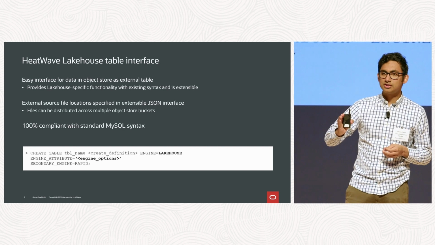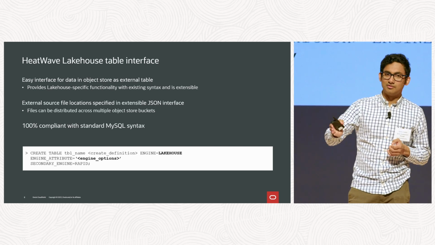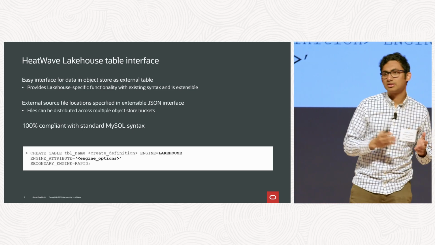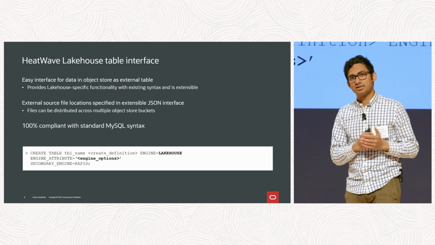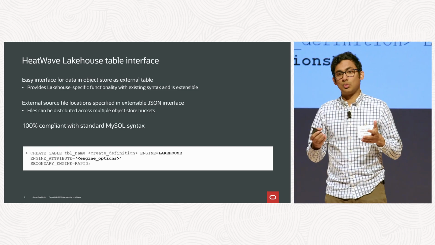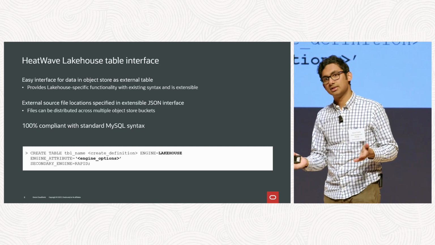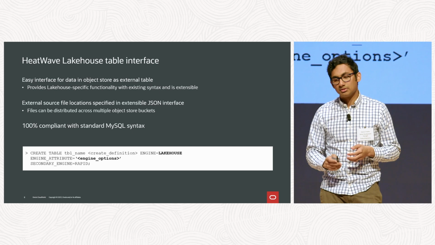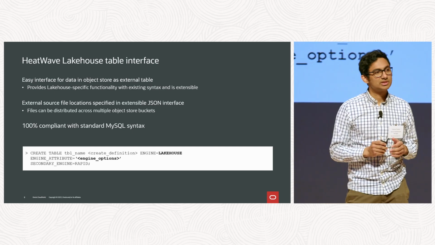You can just point your create table DDL to the data in object store. It can be a prefix, it can be a regex, it can be whatever, just like accessing a file system, and create a table. And once it's created, it's a very familiar syntax. It behaves like any other MySQL table. It's 100% compliant with the standard MySQL syntax.